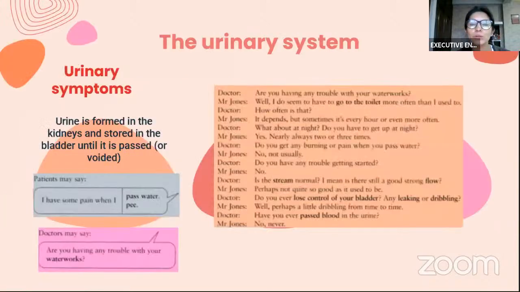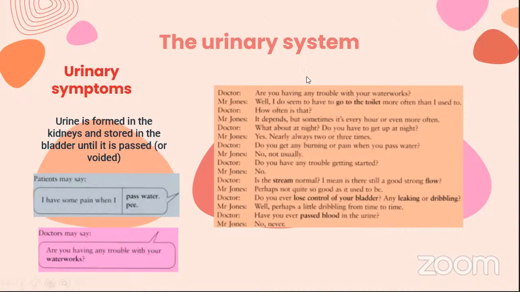So the urinary system then. I want you to make this conversation, please. Salome and Carla? Sure. Okay, I'm the doctor then.